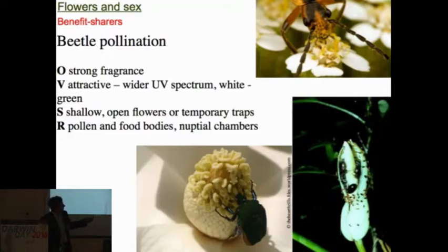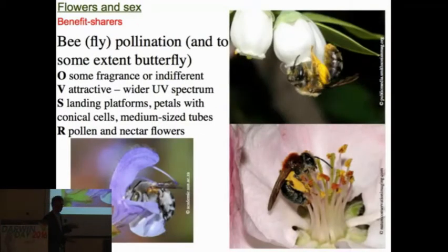Another way is to create sort of chambers, traps, where the beetles have to stay for a while and do the pollination. A more vague pollination syndrome is what we call bee pollination syndrome, because it has several gradations. And bee pollination is also fly pollination, is also butterfly pollination.